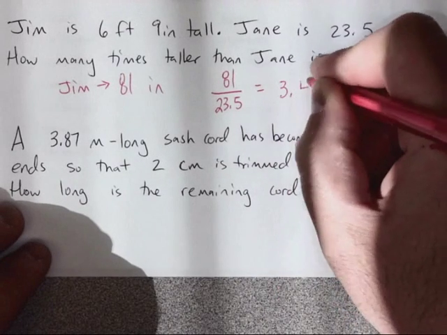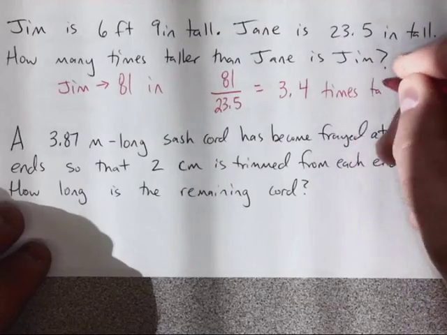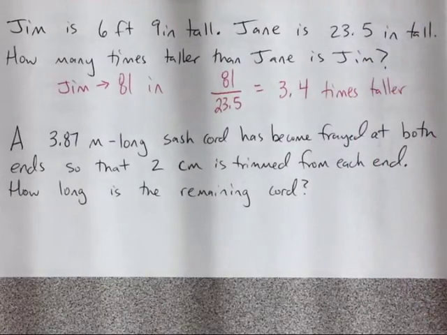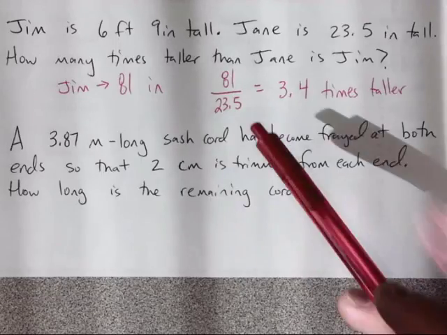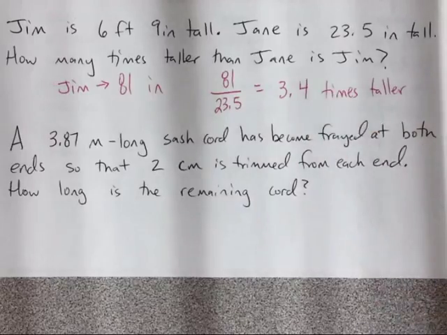So 3.4 times taller. I think it throws people off when they see how many times taller than Jane is Jim. That sentence kind of throws people for a loop, but you're doing a division problem, right? So essentially, if I multiply 23.5 times 3.4, then I get 81. I get Jim's height.